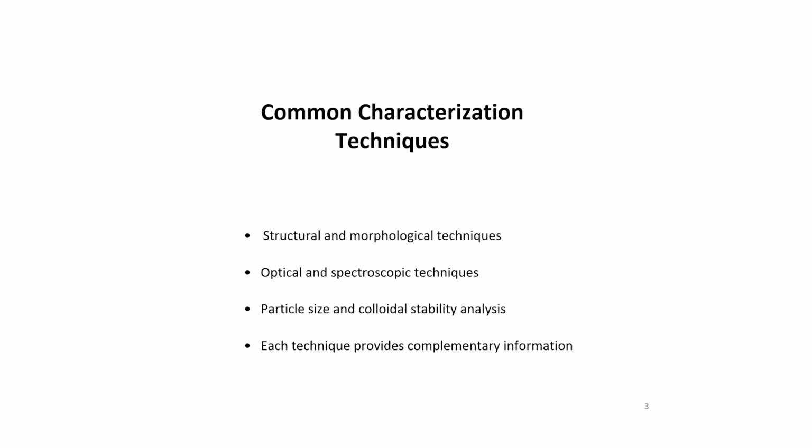Then there is particle size and colloidal stability analysis, where particle size and the stability of the nanomaterial in a colloidal solution are analyzed via a particular technique. Each technique provides complementary information.